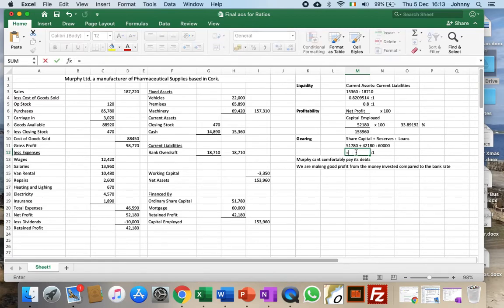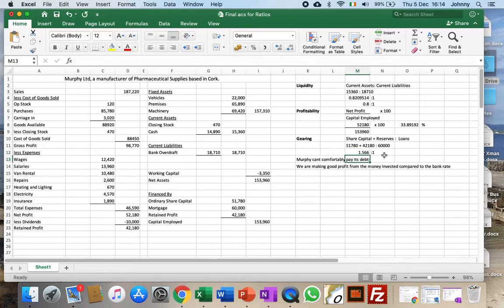So I have 51,780, that's my capital money, plus my reserves, which is my retained profit, 42,180, and we'll divide that by the 60,000 loans.